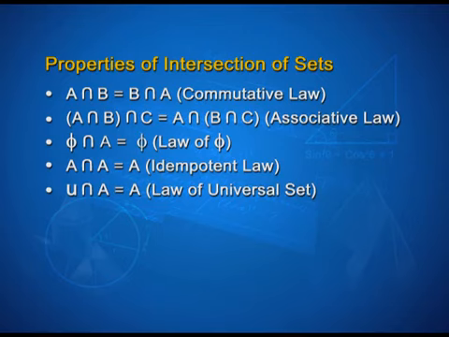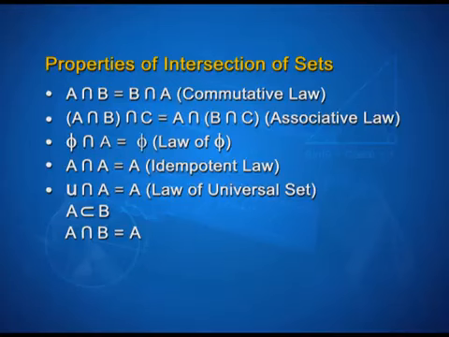That is, universal set intersection A gives us set A. We can further conclude that if A is contained in B, that is, A is a subset of the set B, then A intersection B will give us A. So, if we intersect a subset with a superset, then the intersection will give us the subset.